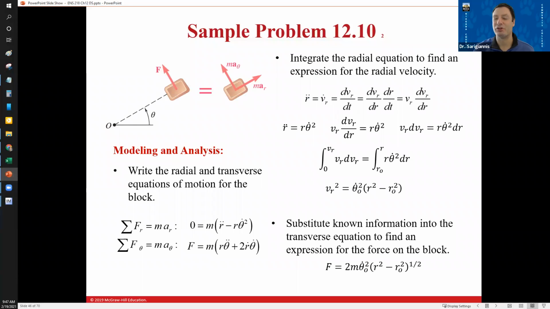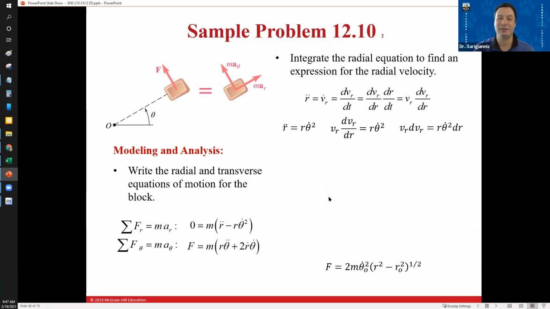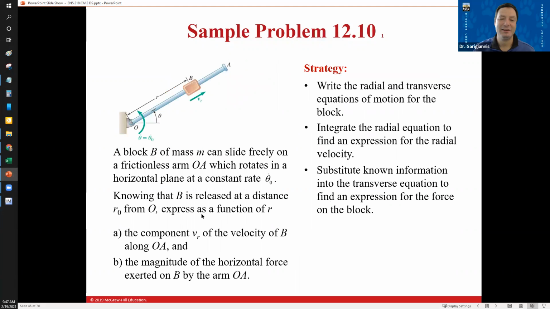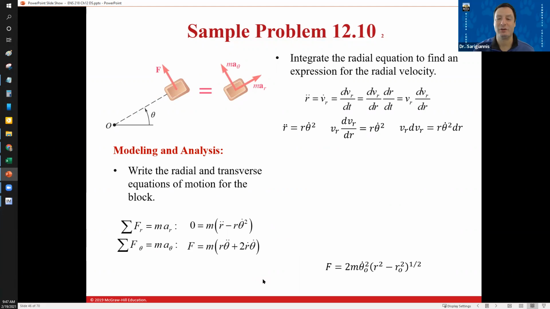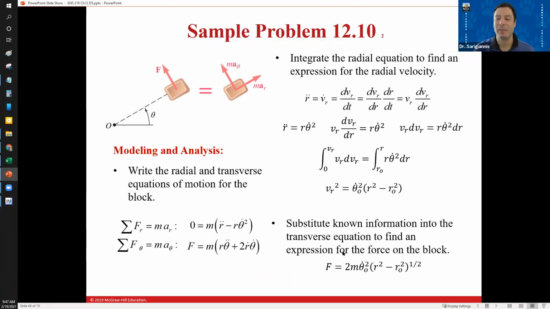There's no numbers given, so you have these two expressions. You can figure out the component v_r of the velocity of B along OA and the magnitude of the horizontal force. The magnitude of the horizontal force is found by breaking this force vector into components, which is what we're doing down here.